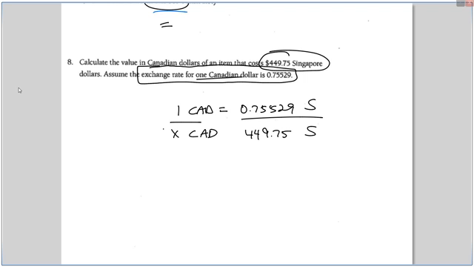Look at the cross multiplication. You always divide the thing across x. So times those two and then divide the thing across x. So 449.75 times 1, still 449.75. Divide by 0.75529 and you get 595.47 after rounding Canadian dollars.